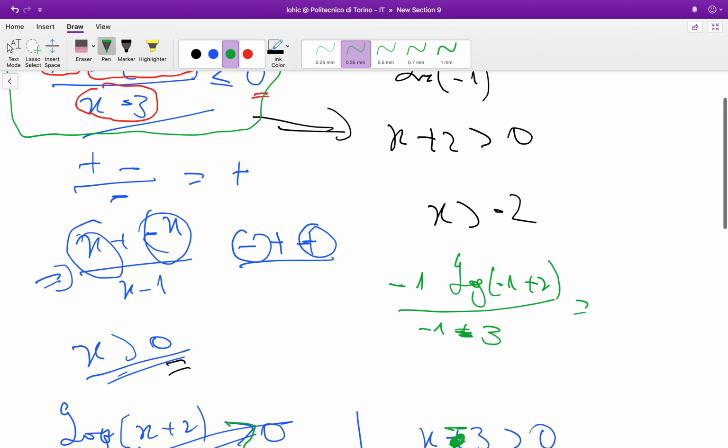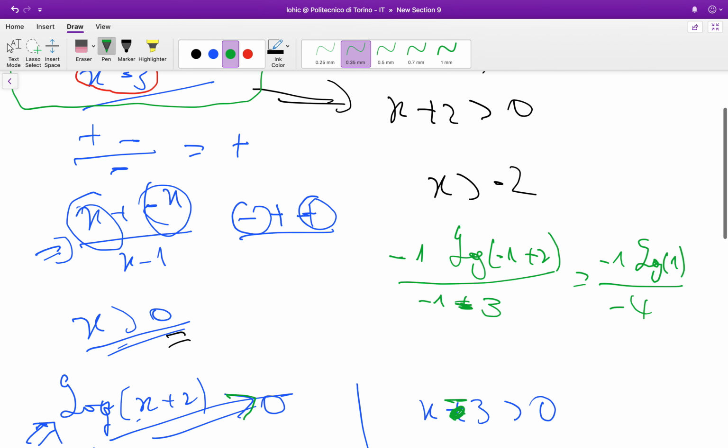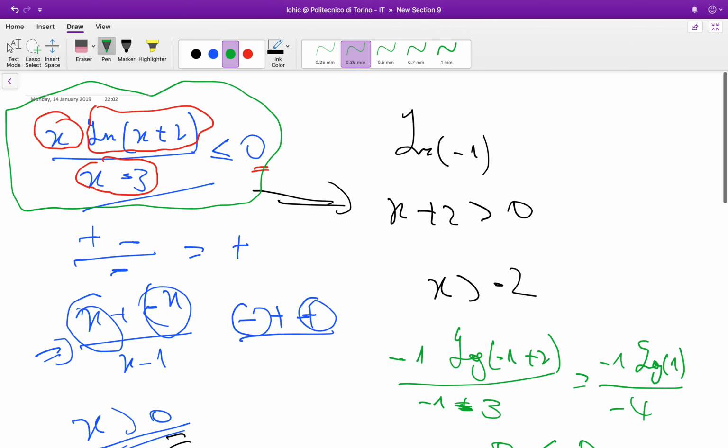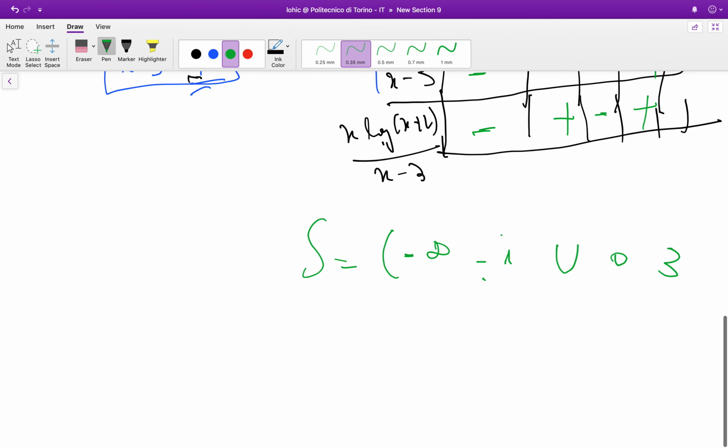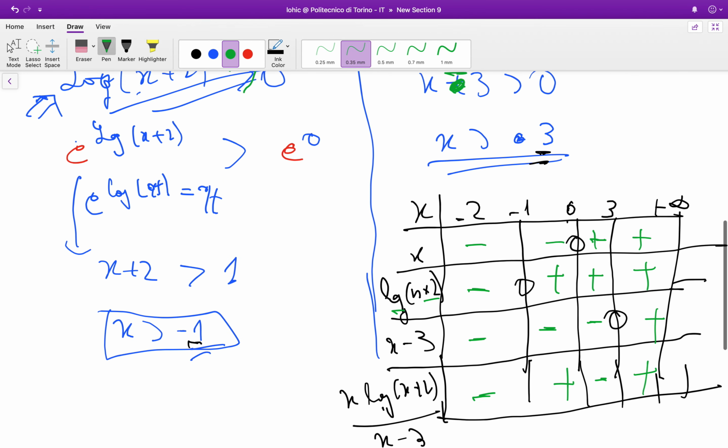That gives -1 multiplied by the logarithm of 1 divided by -4, but the log of 1 is 0, right? So it gives you 0 smaller or equal than 0. Is it true or false? This is true. So we take -1, and we close.